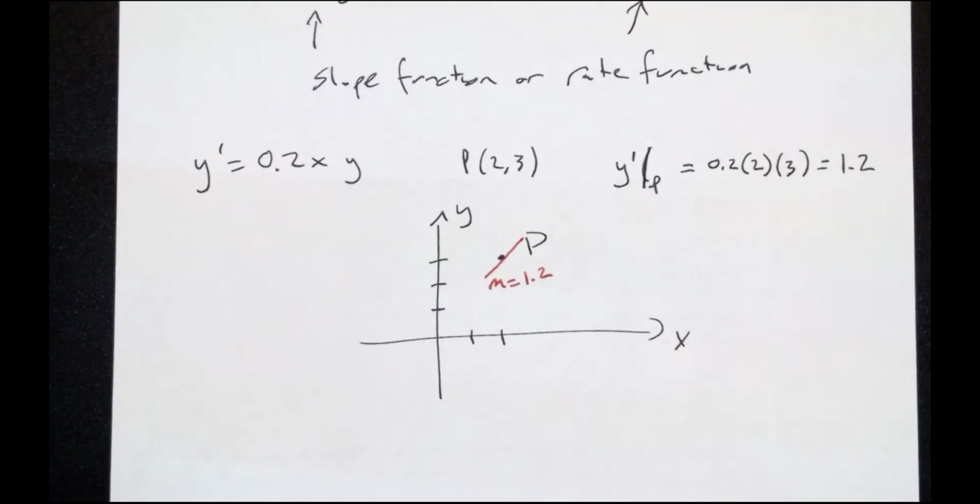So I can draw a little bitty piece of a line. The textbook calls it a lineal element, a little bitty piece of a line. And I can put it at that spot. Piece of cake, right?